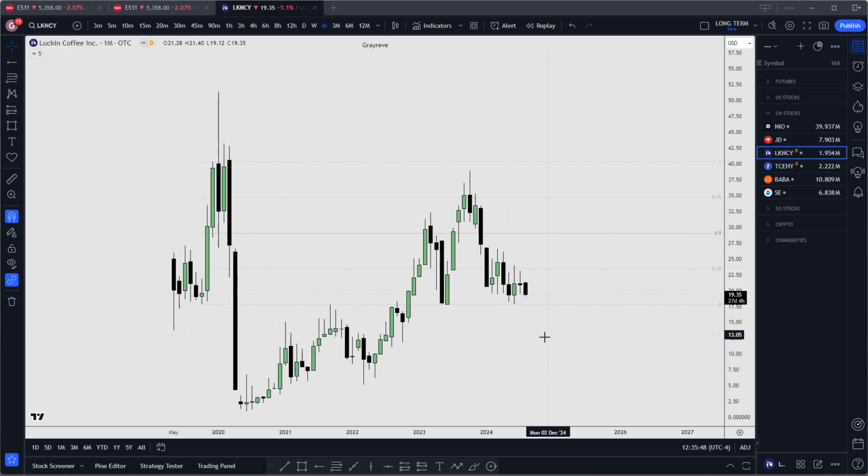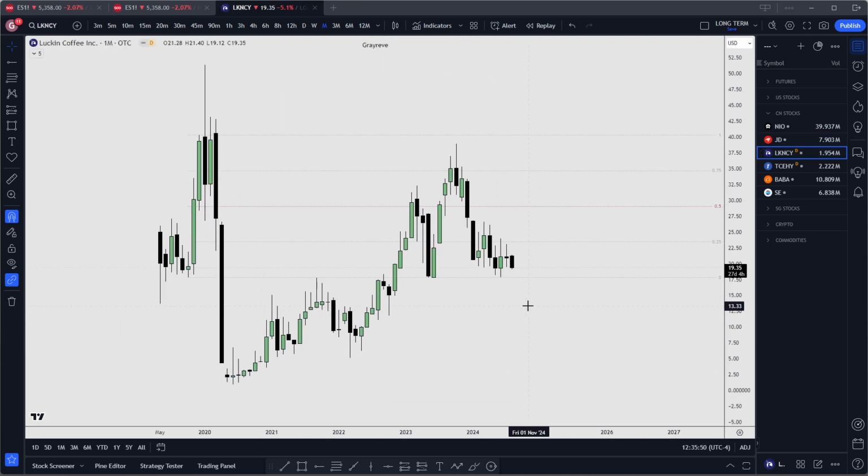Next, Luckin Coffee. I've marked out the last up close candle before the drop lower. I prefer to use this candle, because these up close candles are the ones that took out this swing high here, instead of this candle here.